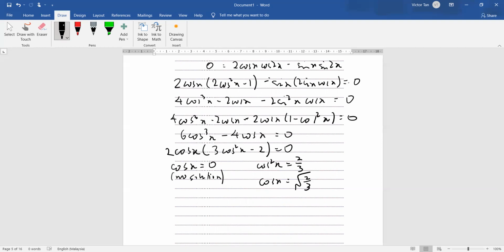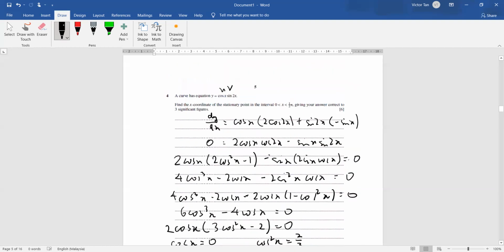Shift cos square root of 2 over 3. So it's 35.3 degrees. That is the solution. There's only one solution between 0 and half pi.